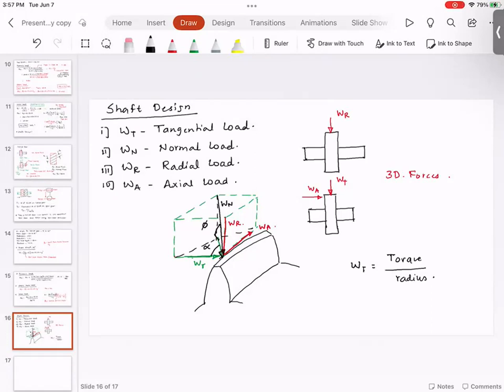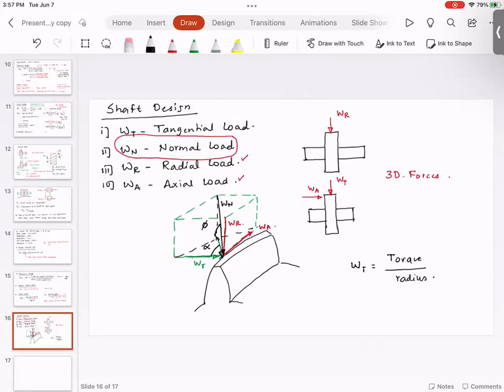Now you have the pressure angle and the helix angle that contribute to this state of stress. So we find out the value of Wt. From Wt, we find out the value of Wn, then Wr, then Wa. And follow the same process.